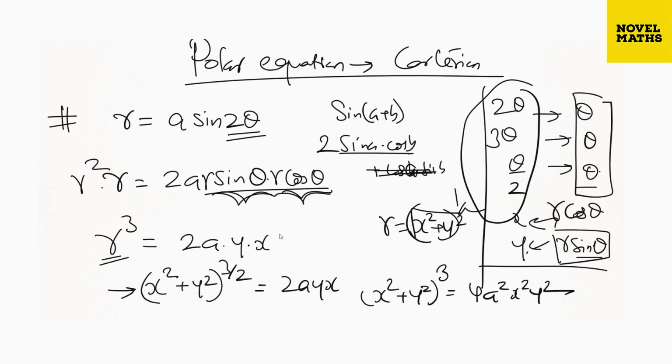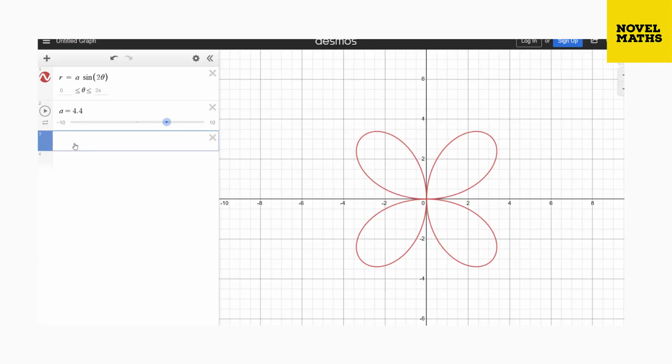And let's try to see whether that is matching or not here. This is interesting, right? x square plus y square, whole cube. You can put an equal sign, that's all that's allowed here. 4a square times x square y square.